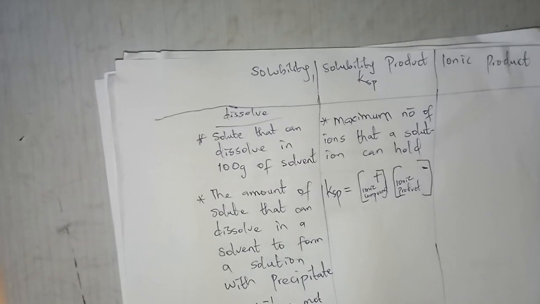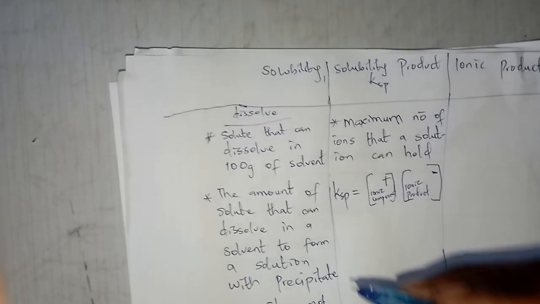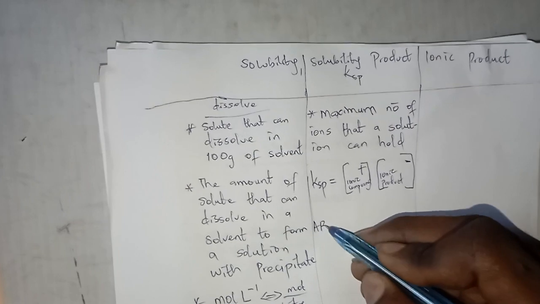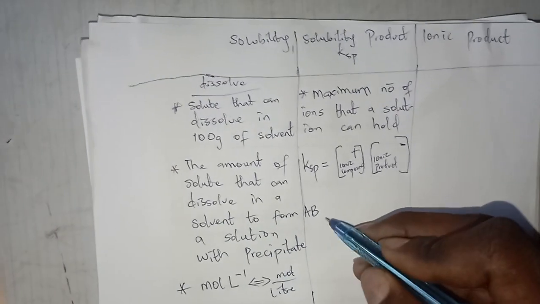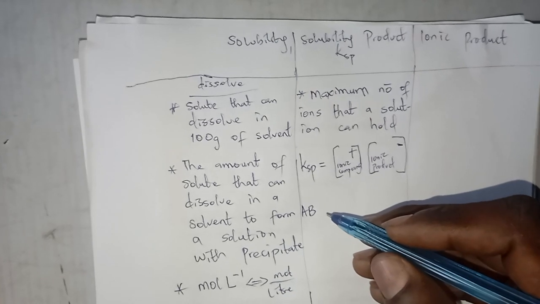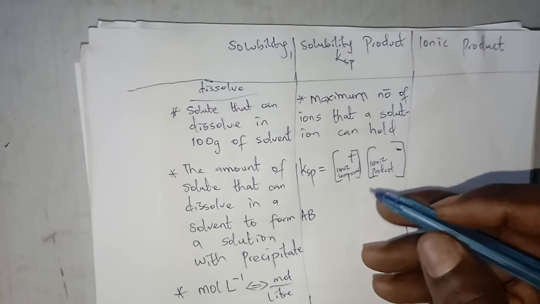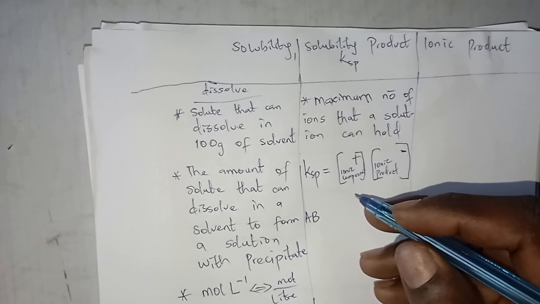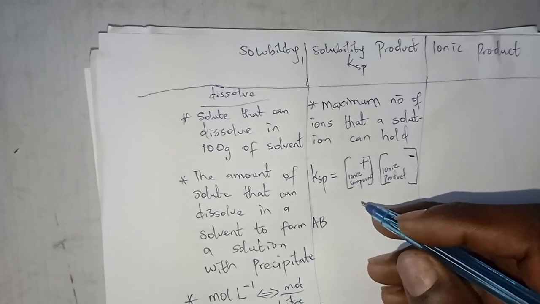So let's see what I mean. If I have AB to be a solid, you know that it's either solid or liquid. We know that with gases, there cannot be a situation where you are saying that it is getting to dissolve.